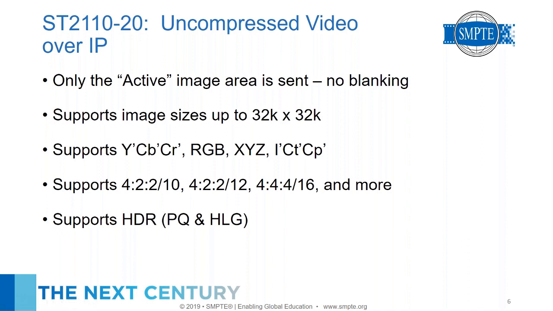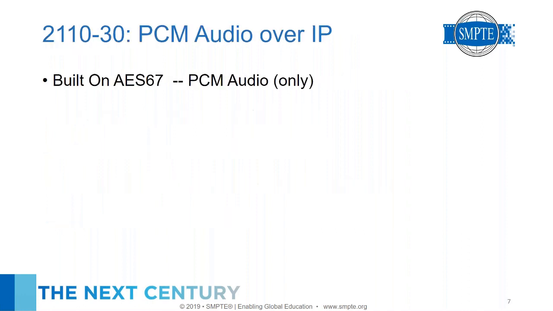And of course, like any modern video standard, we have support in there for the HDR formats, for the PQ and the HLG, and of course the one we call SDR, which is standard dynamic range, all supported in the document as published. So hopefully we don't have to reopen the can on 2110-20 anytime soon.